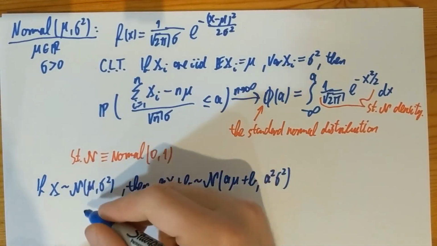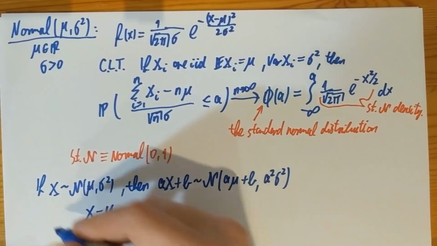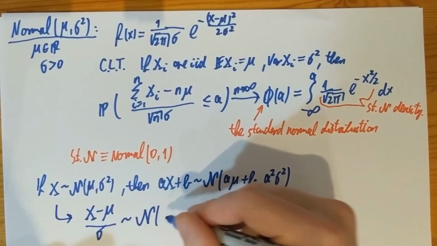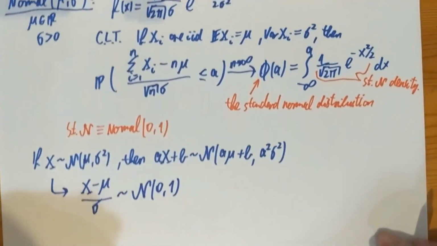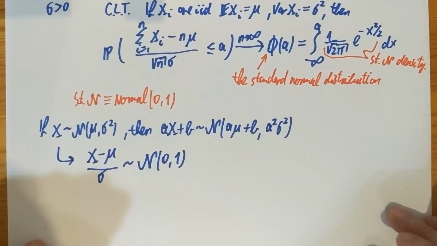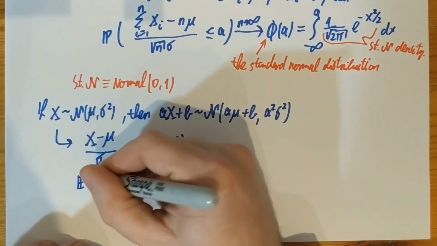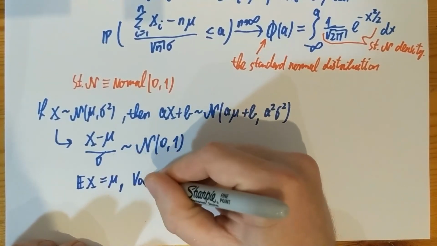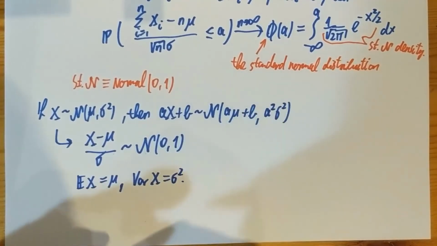From this it follows that if you subtract the mean and divide by standard deviation from a normal random variable, it becomes standard normal with mean 0 and variance 1. It's also not very hard to see that the expectation of a normal is mu and the variance of a normal is the parameter sigma square.